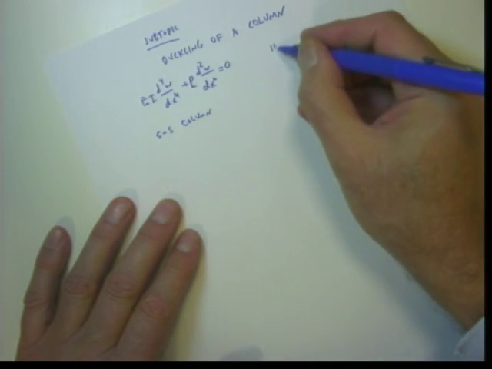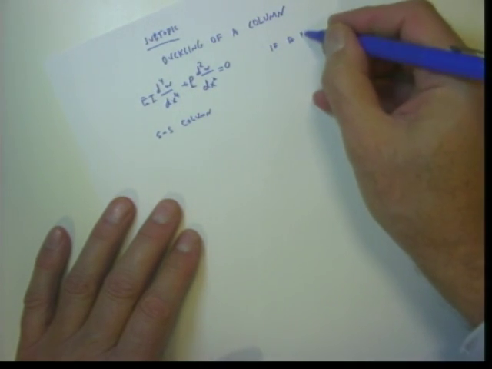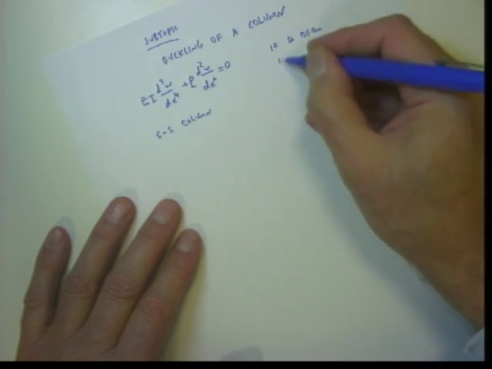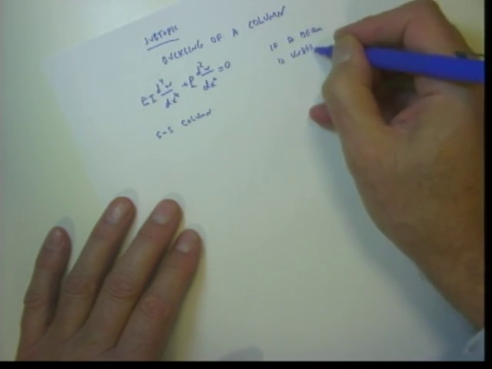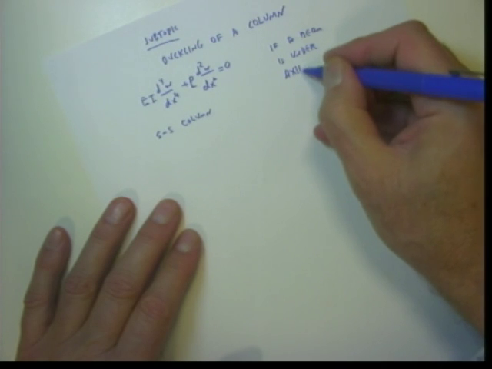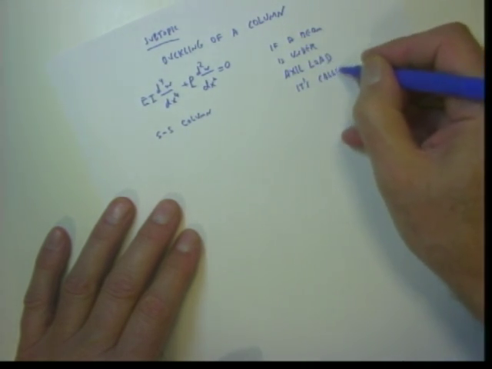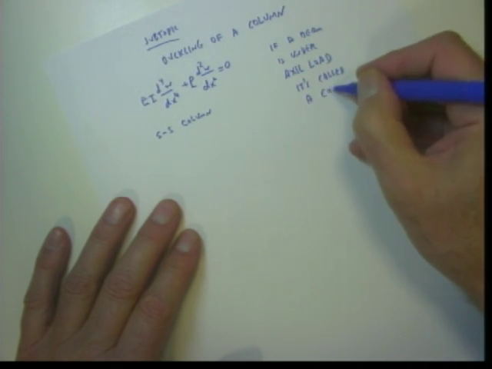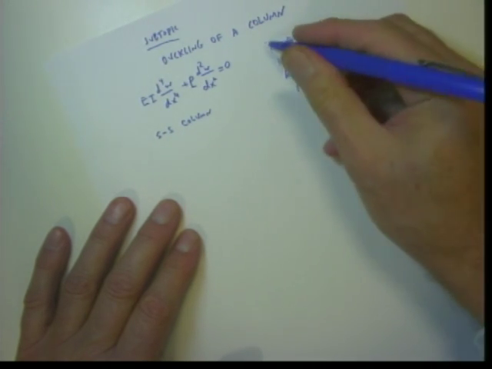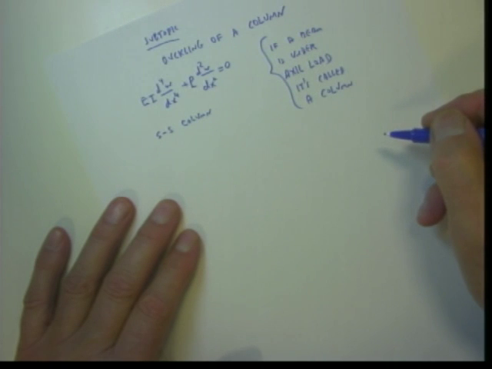So if a beam is under axial load, it is called a column.